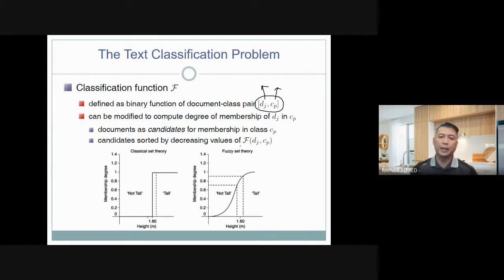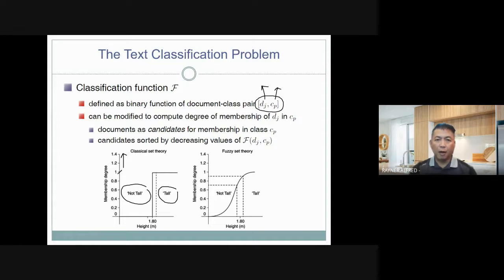For example, like this, the cutoff is here, in which if the membership degree is less than one, they belong to not tall. This is for the height. If the degree of membership is higher than one, they belong to the tall category.